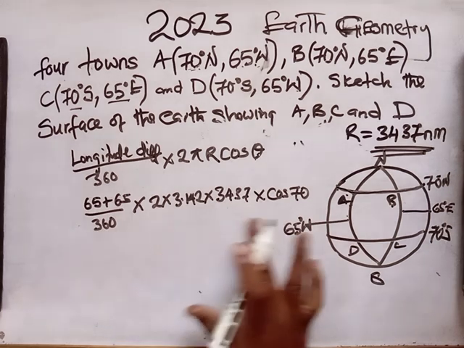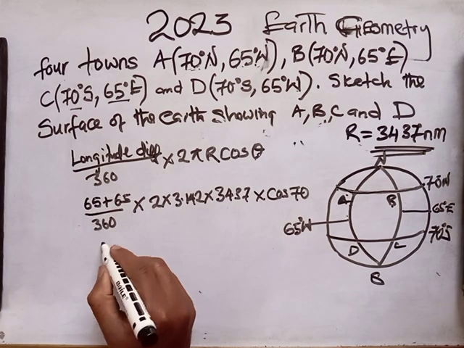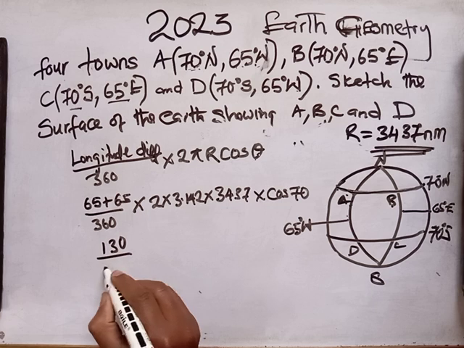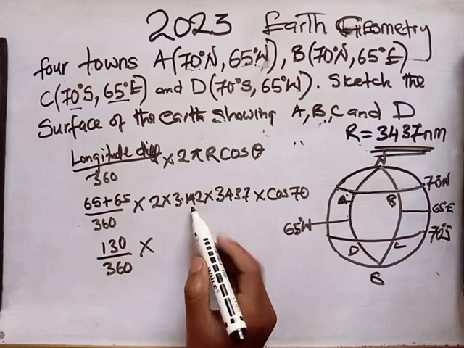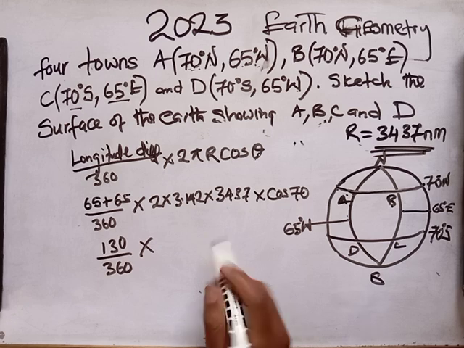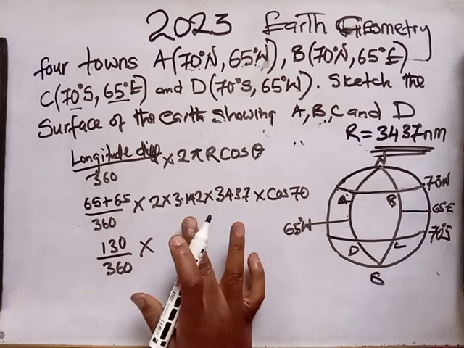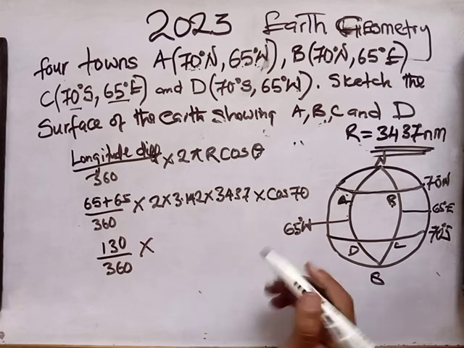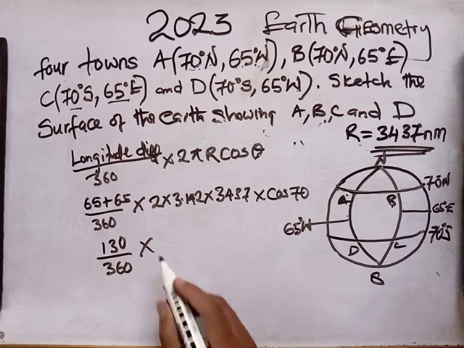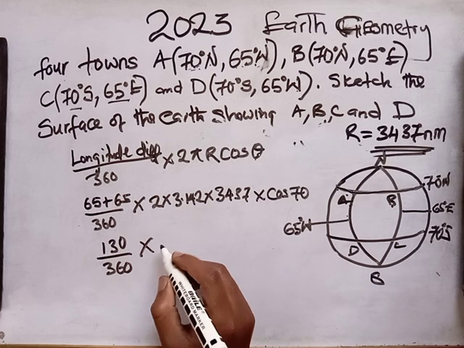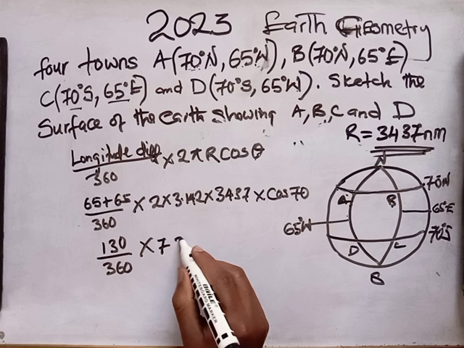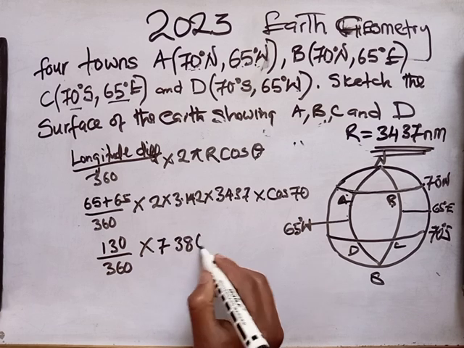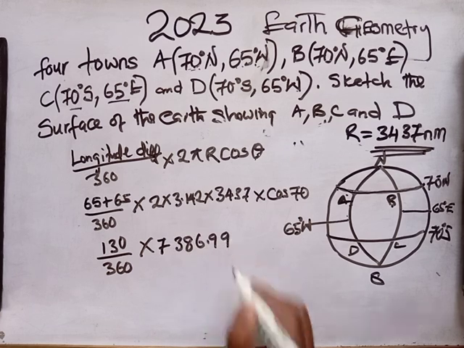If you do your maths here, this plus this is 130 over 360 times 2 times pi, which is 6.29, times this, times cos 70, is equal to 7,386.99.